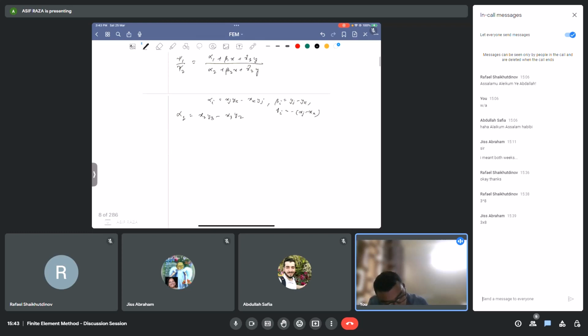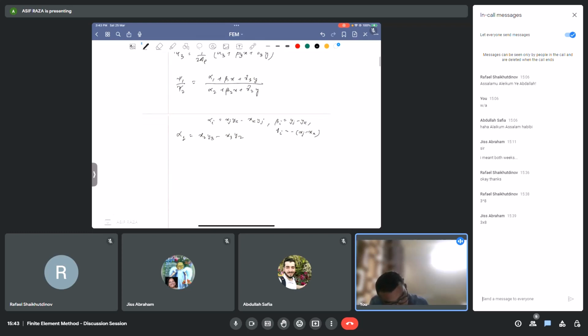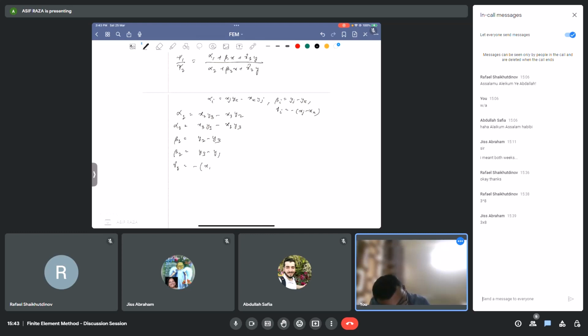So we have alpha 1 as x2 y3 minus x3 y2, alpha 2 as x3 y1 minus x1 y3, and beta 1 would be y2 minus y3, beta 2 would be y3 minus y1, gamma 1 would be minus of x2 minus x3, and gamma 2 would be minus of x3 minus x1.